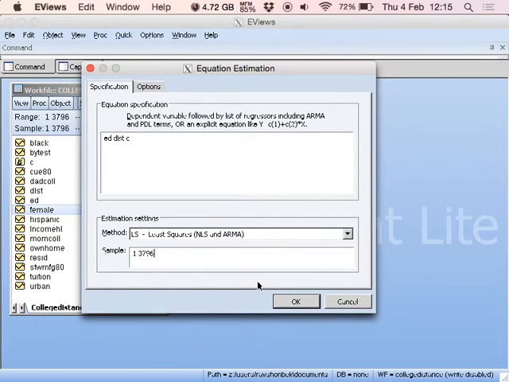And now, if you click OK now, don't do that. It will run the regression for the whole sample. We would like to filter out males. For that, we type if, in the sample slot here, if female equals 1. Now this is telling EViews to only take observations where female is equal to 1.